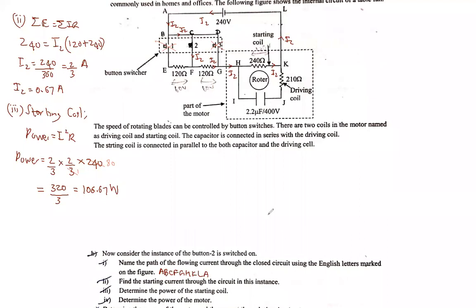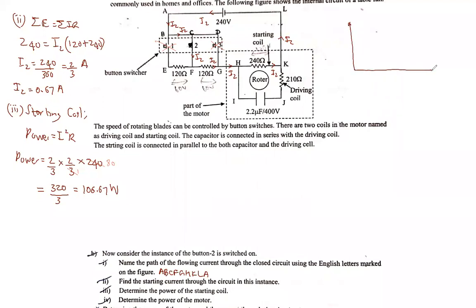Initial current we know. Okay, let's try to do this, people. Initial current is 0.67. Hope I find it, people. There is an equation, but it's not in our syllabus. There's an equation to find the time taken for the capacitor to get charged. There's this diagram for the capacitor.